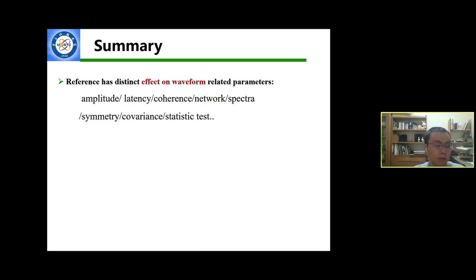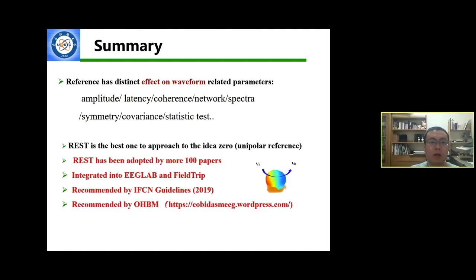So I will give a summary about the reference methods. First, the reference has a distinct effect on the waveform and the related parameters, including amplitude, latency, coherence, network, spectra, symmetry, covariance, statistical tests, and so on. And REST is the best one to approach the ideal zero.